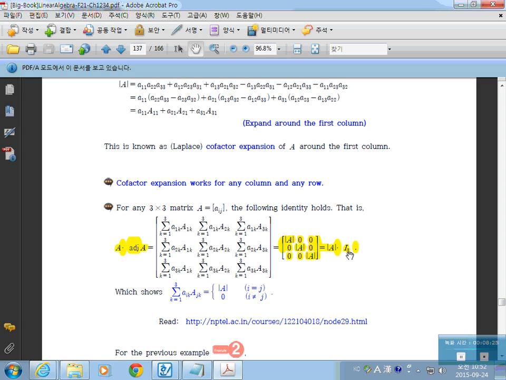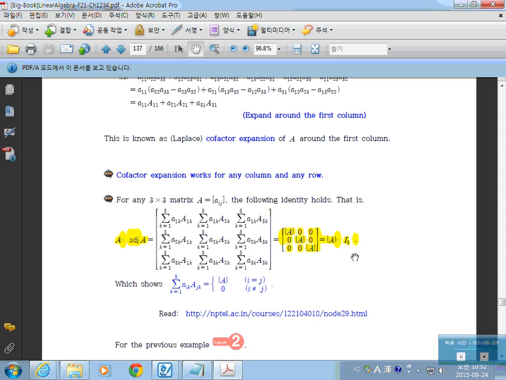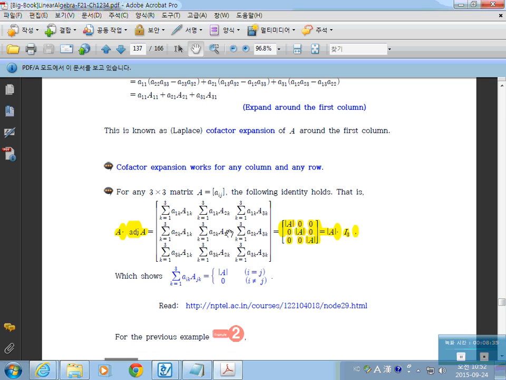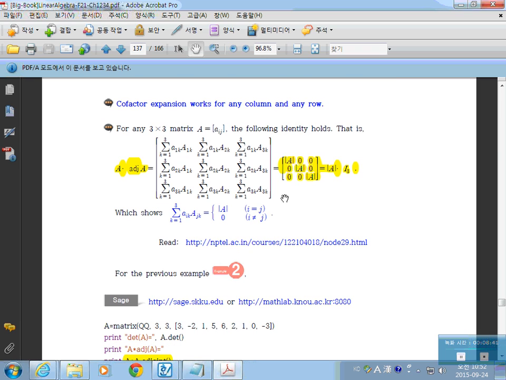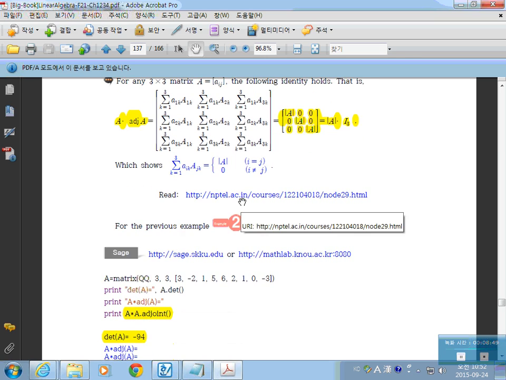So this can be written as the determinant of A times the identity matrix. Important thing is this not only works for a 3 by 3 matrix, it works for any size of matrices.